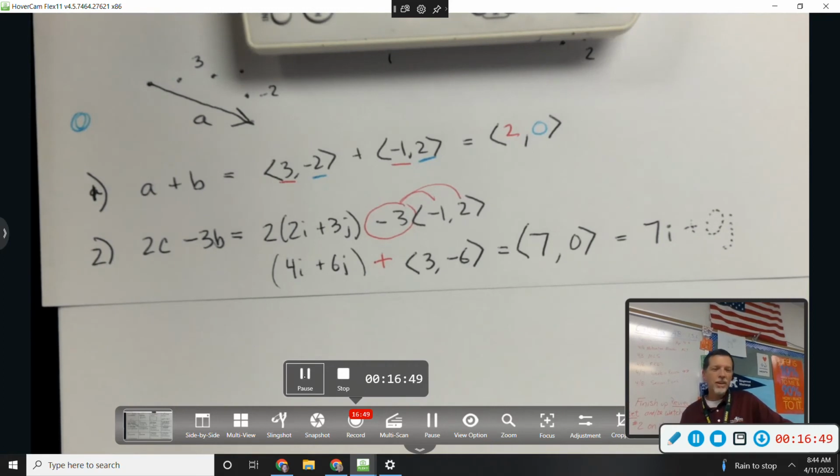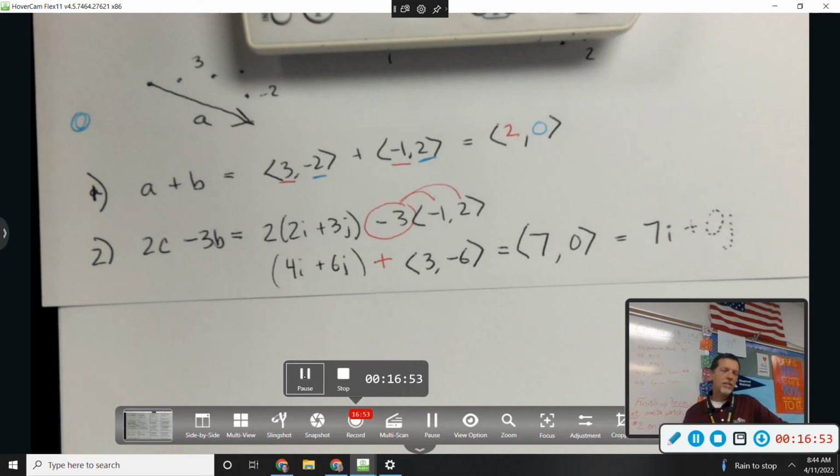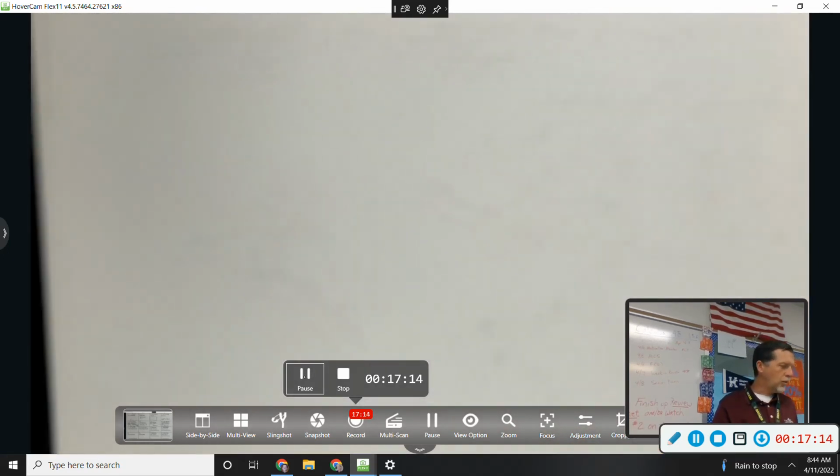But because it's 0, it's also okay if it's not there. So that's like 3 different correct answers there. Ordered pair 7, 0, 7i, or 7i plus 0j. And there's not even a preferred form. It's whatever you like best. They're so close that it's not difficult for me to grade. As long as you got one of those 3 things, you'll be fine.